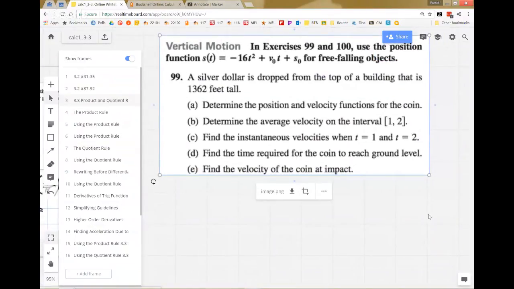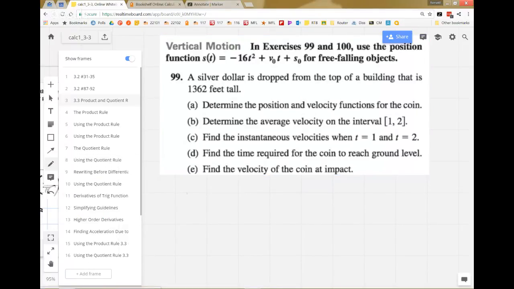So here we go. In the exercises, use this position function, S of t equals negative 16t squared plus v0t, that's the initial velocity, times the time, plus s0, the initial height. The silver dollar is dropped from the top of a building that is 1,362 feet tall. So let me write out the function with that in there.